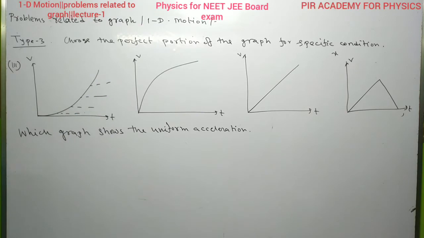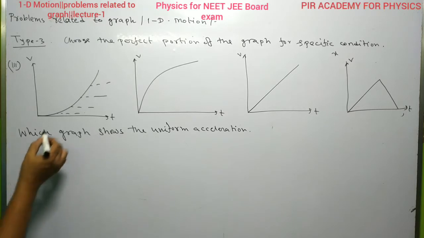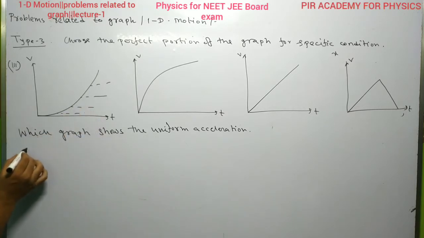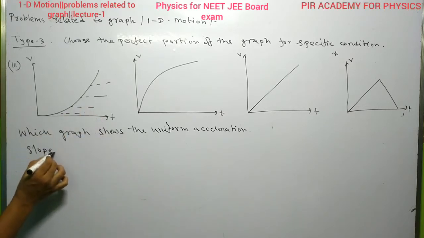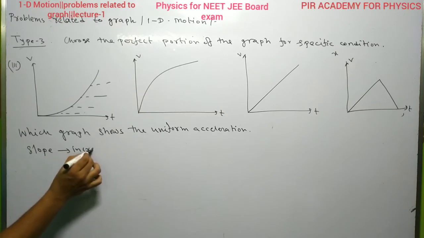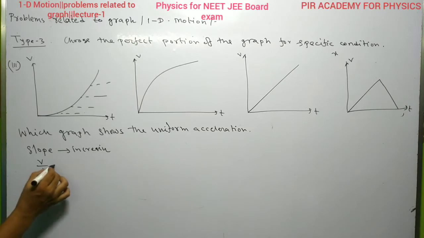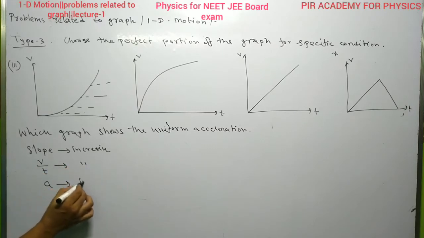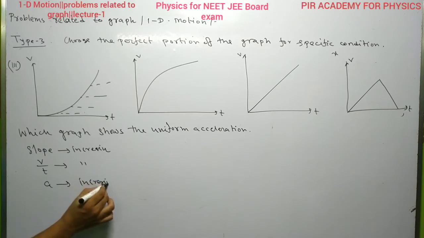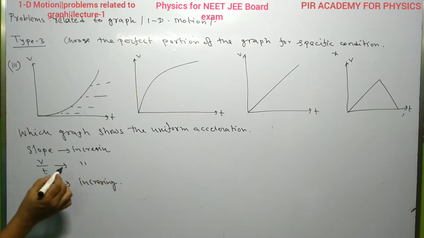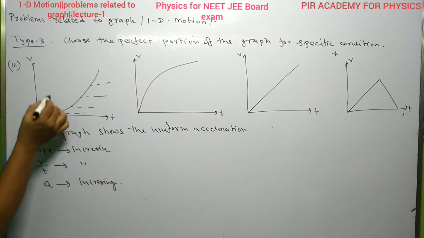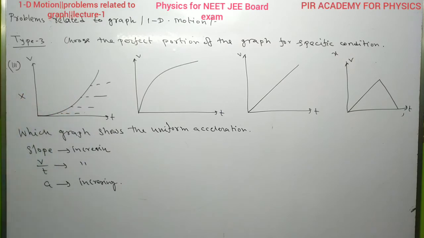If slope is increasing, so v by t will be increasing, so acceleration will be increasing. So it is not uniform acceleration.